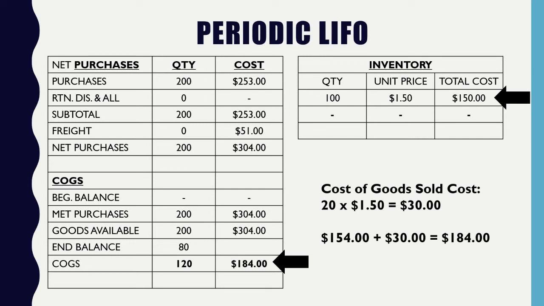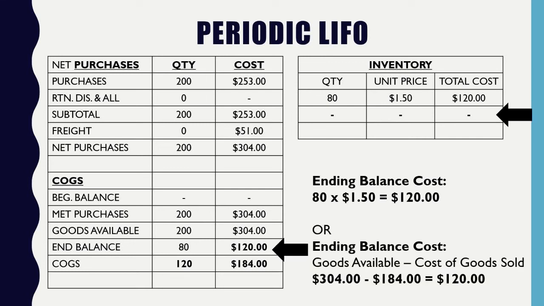And then I am only left with 80 items costing me $1.50, to give you a total of 120. Or I can take my goods available of 304, subtract out my $184, and I should get a total of 120 to be my ending balance.